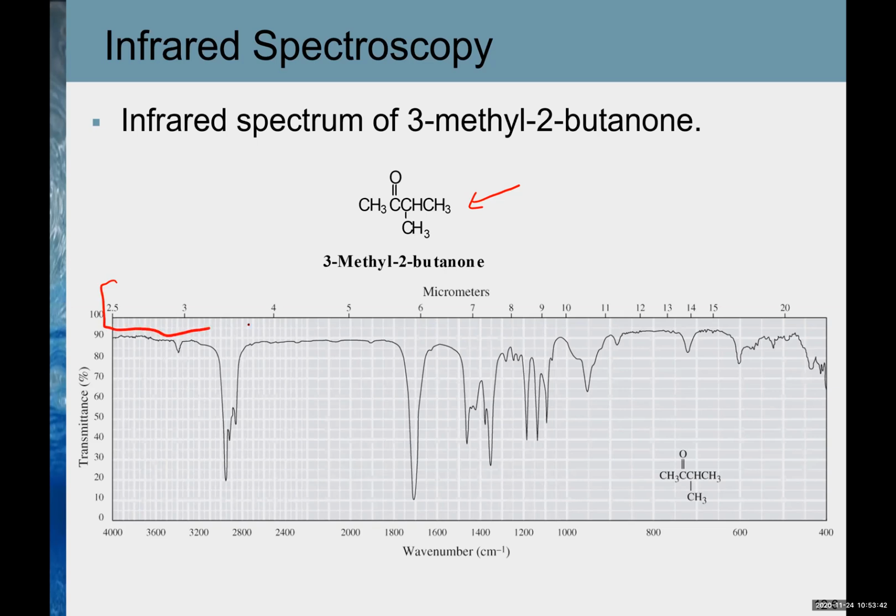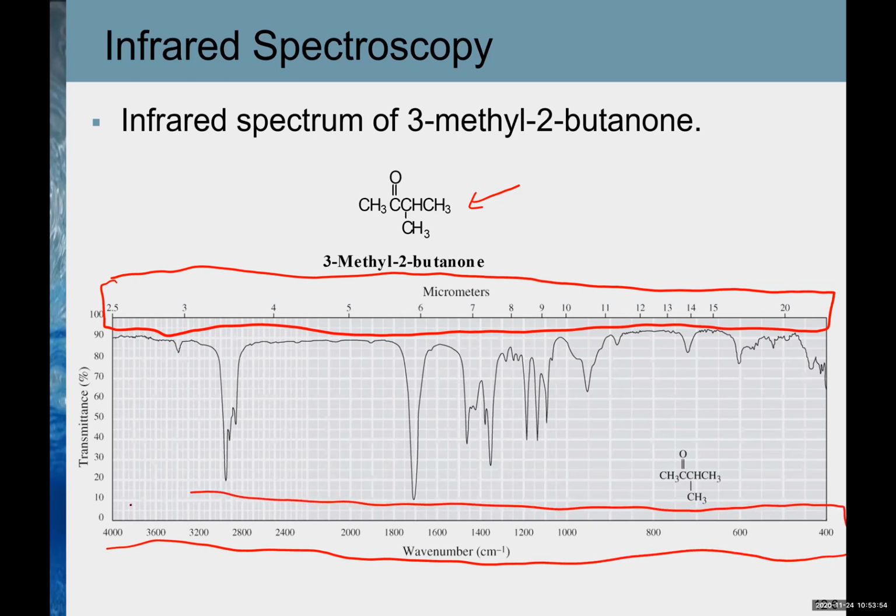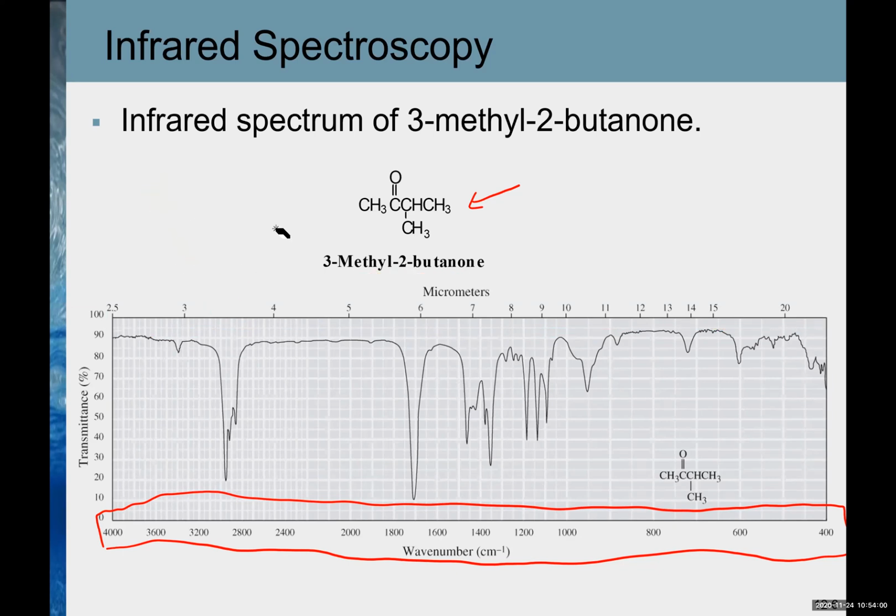The top scale is the micrometer scale, so that's the wavelength, and the bottom scale is the wave number. In an actual spectrum, we do not pay attention to the top scale. We don't even look at the top scale, micrometers. It's not even given in many cases.